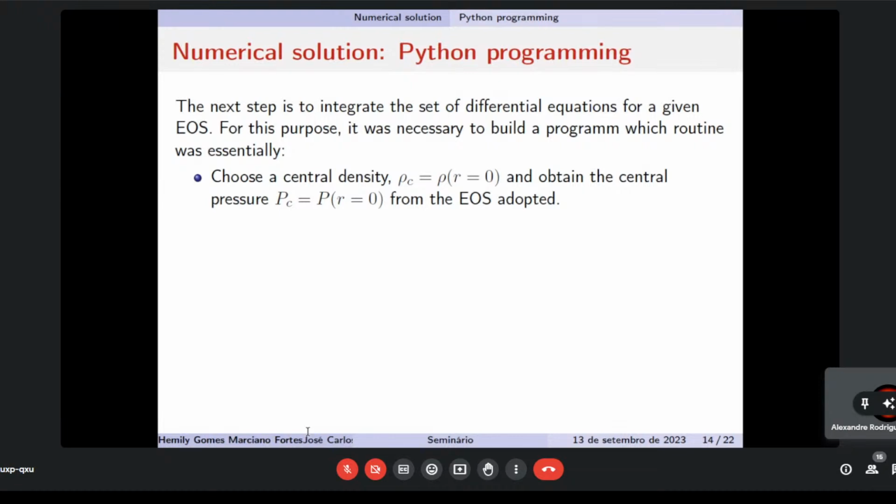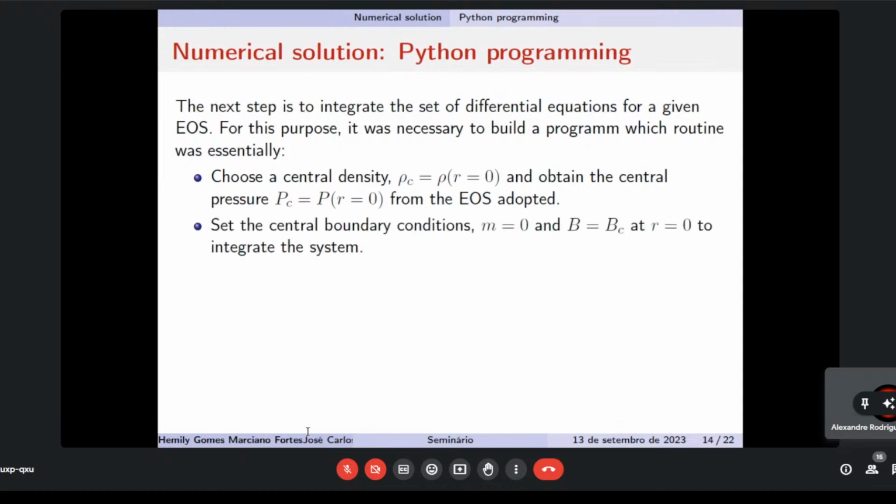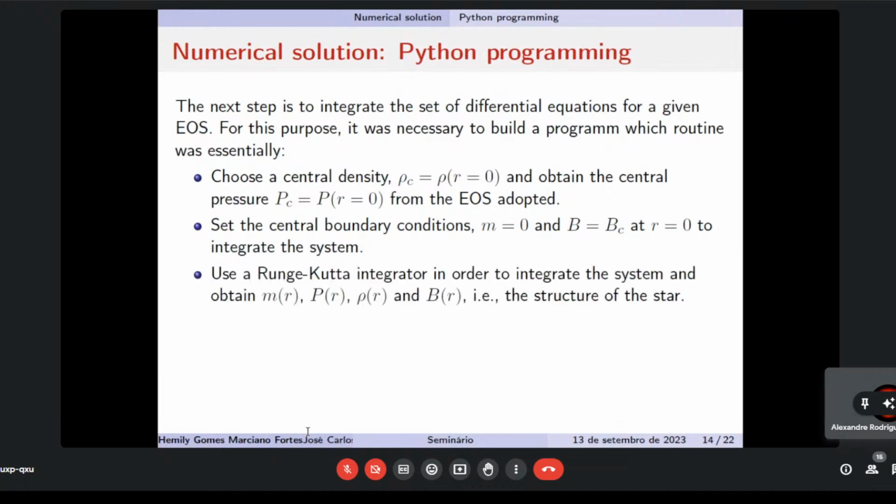And from that, we can obtain the central pressure using the equation of state we have chosen. So after, we can set the central boundary conditions, m equals 0, and the conditions for B at the center of the star. And after that, we can use an integrator.